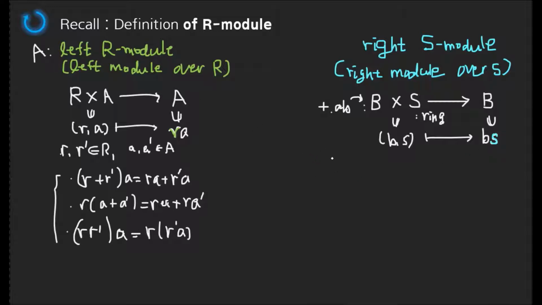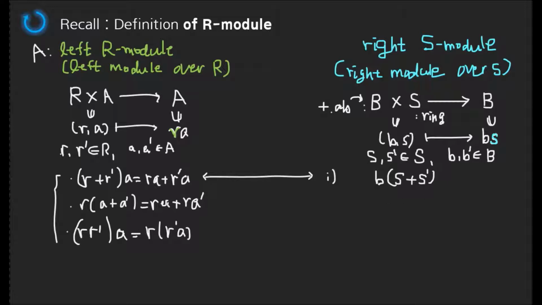If S and S prime are in S and B and B prime are in B, we consider the ring conditions, but because the ring is located on the right side, compare it to the first condition: B(S plus S prime) is BS plus BS prime.